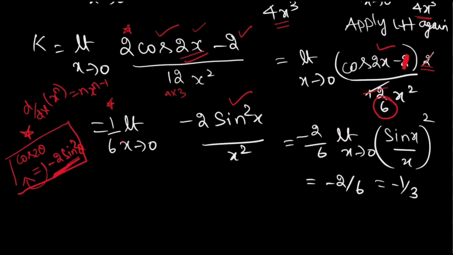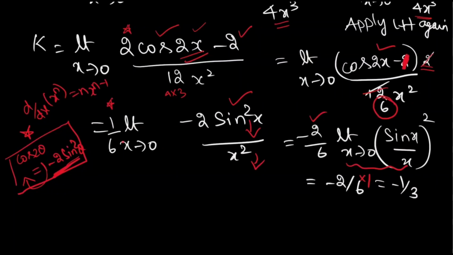I can write it as minus 2 sine square x by x square. Now if you see numerator sine square, denominator x square, it's easy for us. Throw this minus 2 outside, minus 2 by 6 is just a constant. Limit x tends to 0, sin x by x the whole square. Obviously, what is this second term? This is 1. So minus 2 by 6, which is nothing but minus 1 by 3.